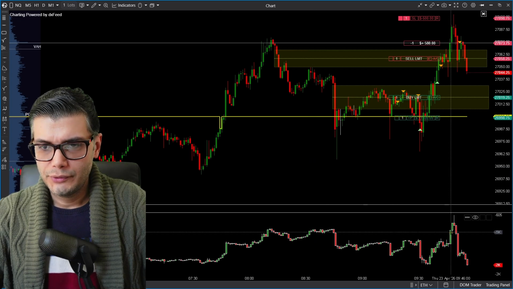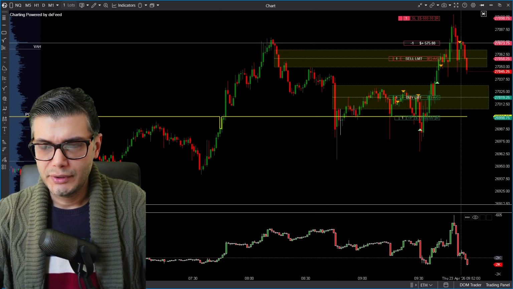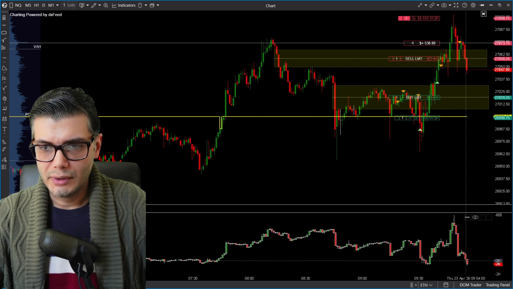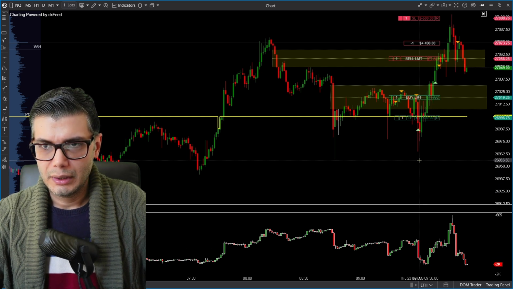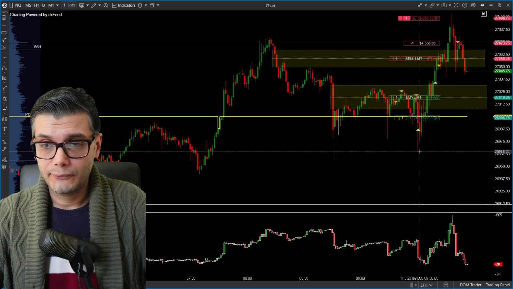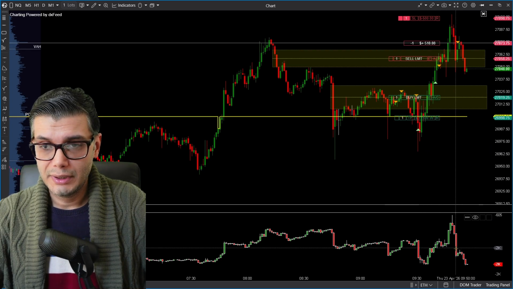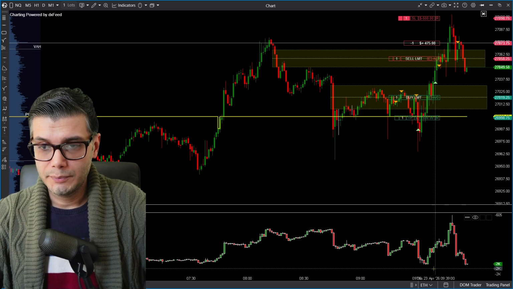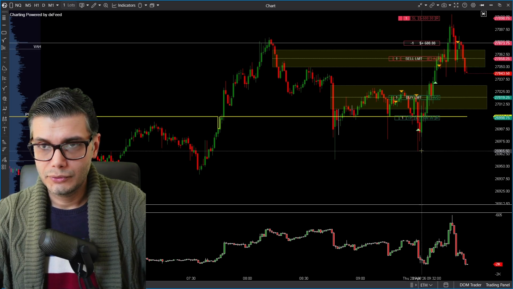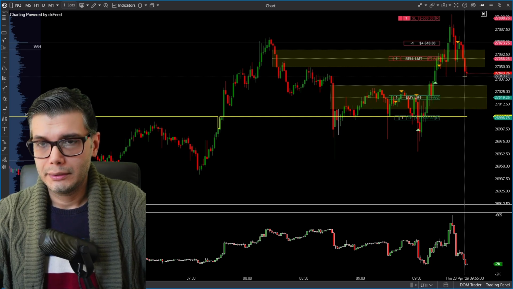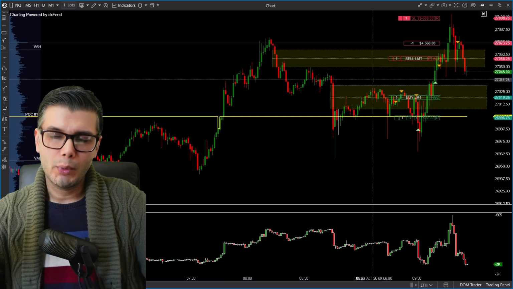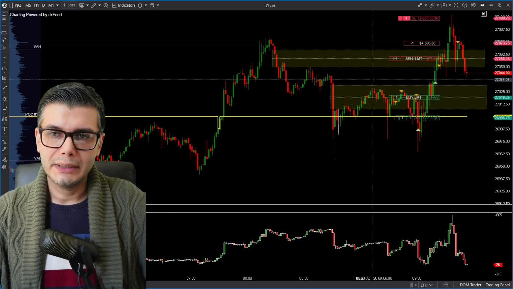So over here, what I see in the cumulative volume delta, I see a ton of sellers entering the market, making equal lows. However, the price is far away from this low. You see that? Cumulative volume delta has flat lows, but we have a lower high in the price. That's why I want to get out of this trade a bit sooner.